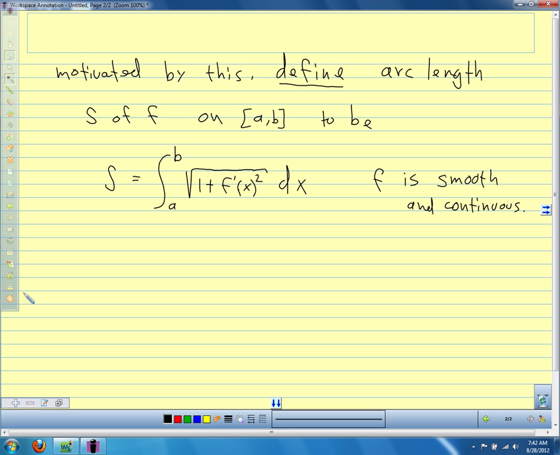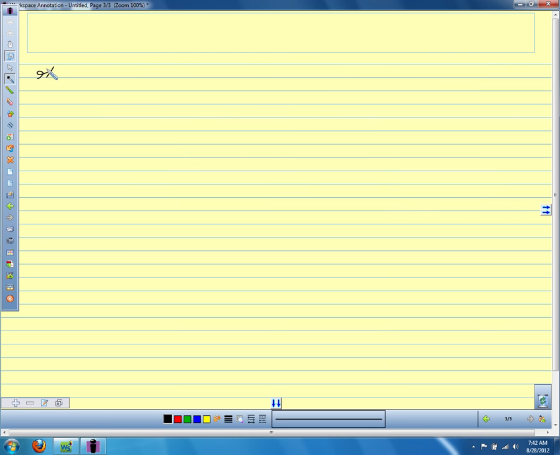So our example. We have a cable hung between two towers, and they're 200 feet apart.